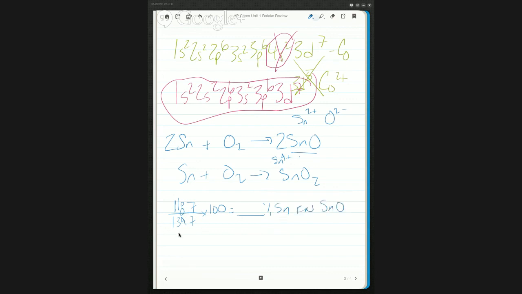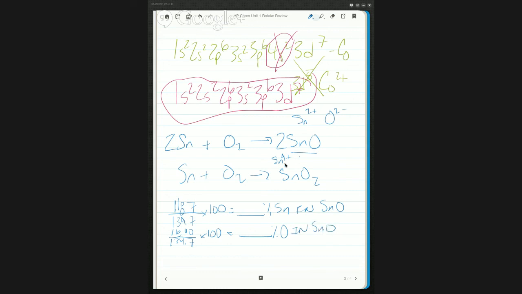And then doing the oxygen would just be 16 over 134.7, times 100, equals the percent oxygen in tin oxide.